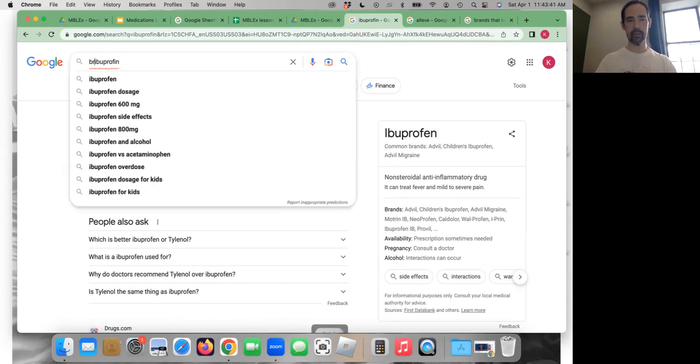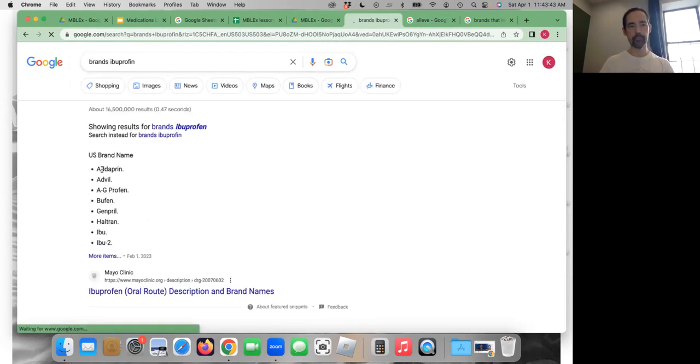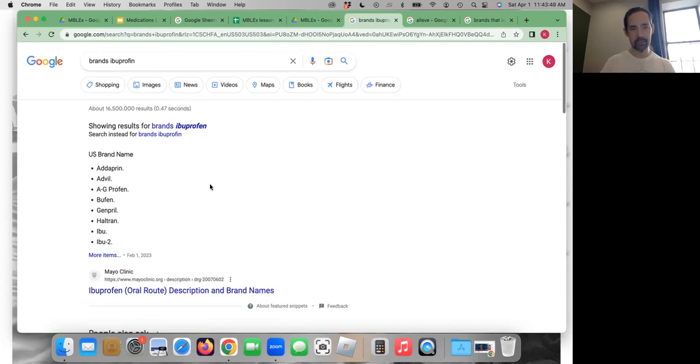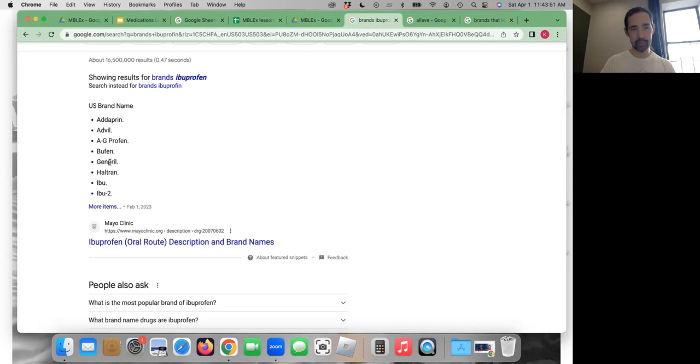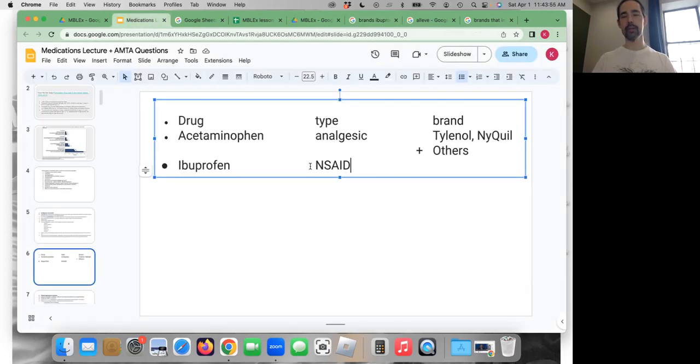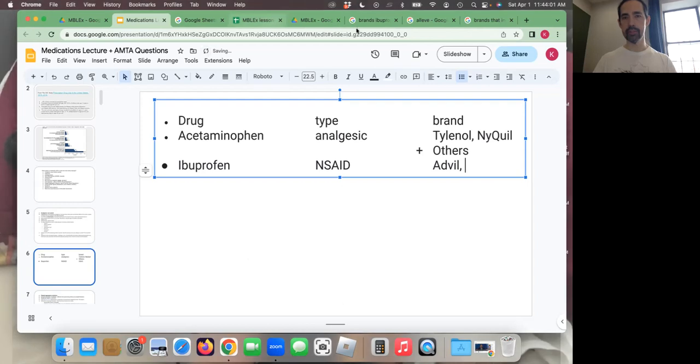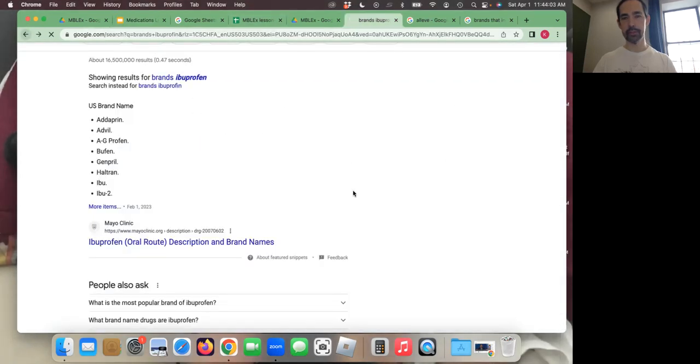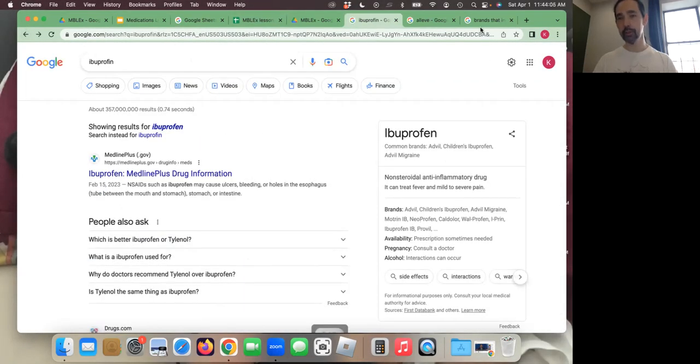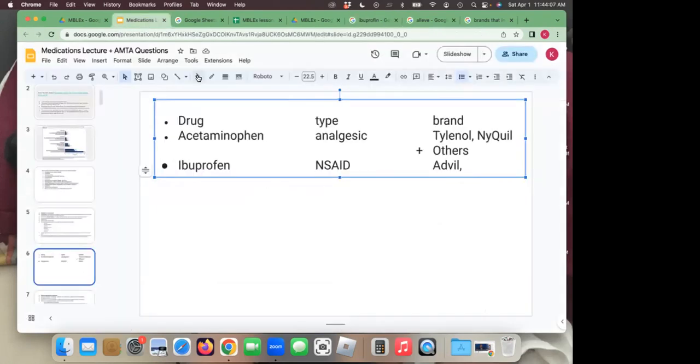I think that's probably enough. Wow, the US brand names are like Genpril, Haltron. I've never heard of these. So those are Advil, and what's the other one? Testing your recall. Motrin.